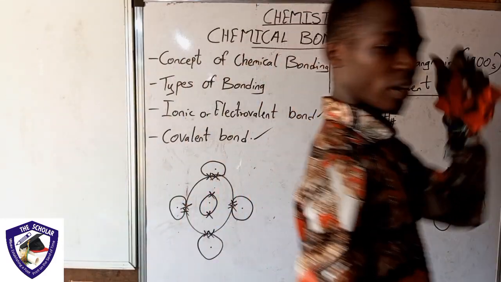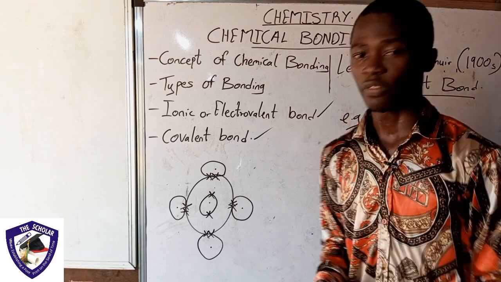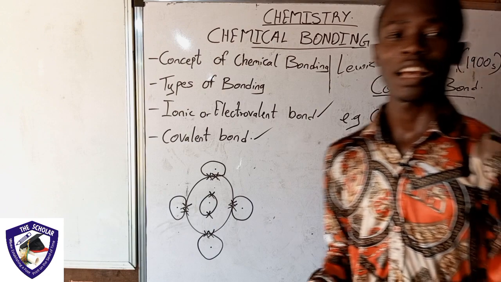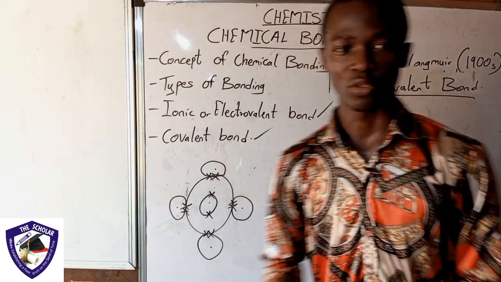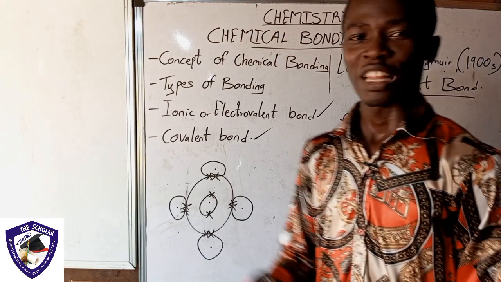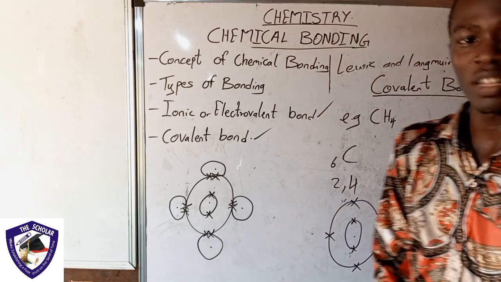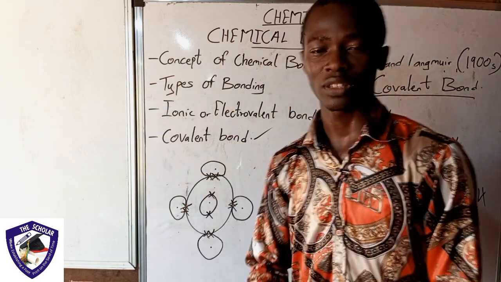So covalent bonding has to do with the sharing of electrons, while electrovalent bond has to do with the transfer of electrons between an element of lesser electronegativity to higher electronegativity.